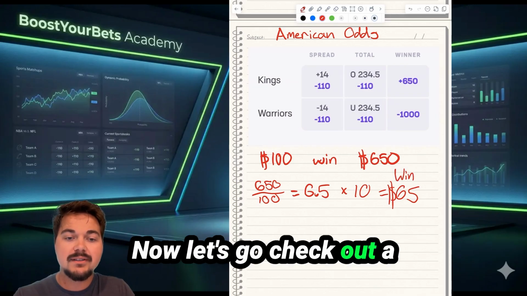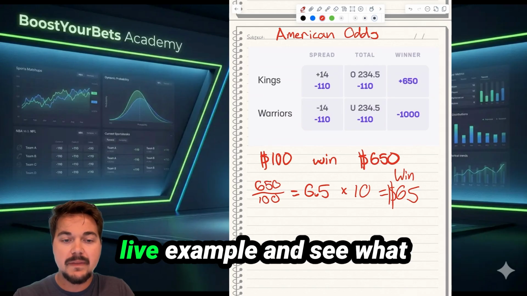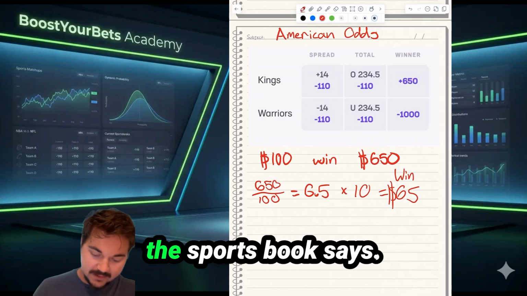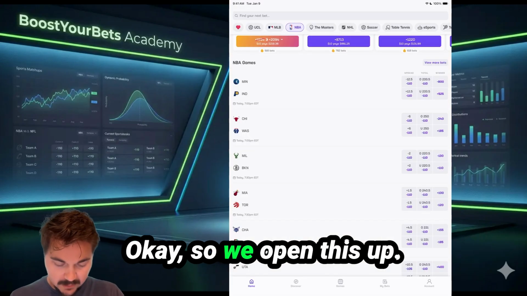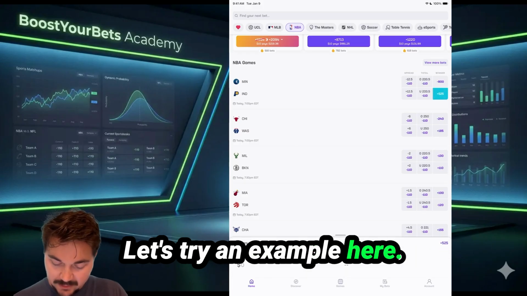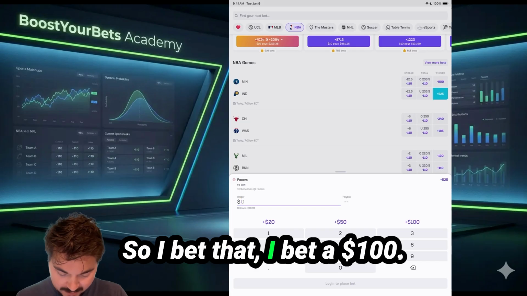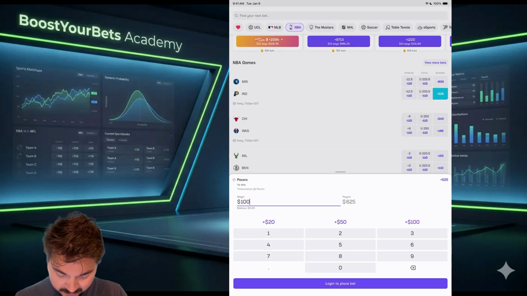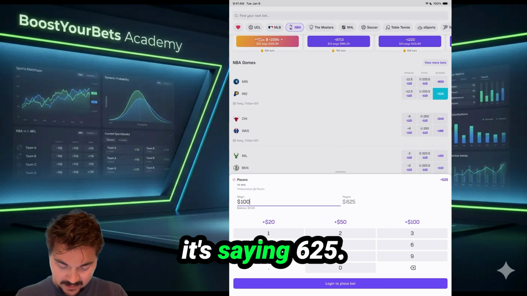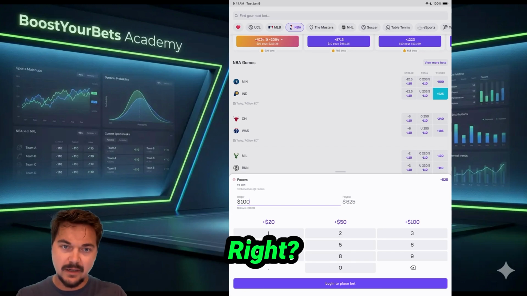Now let's go check out a live example and see what the sportsbook says. Okay, so we open this up. Let's try an example here. We have a plus 525. So I bet $100. Wait a second, now it's saying 625, right?